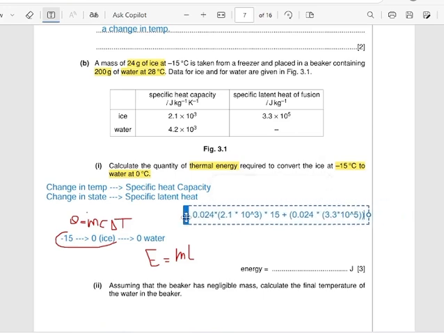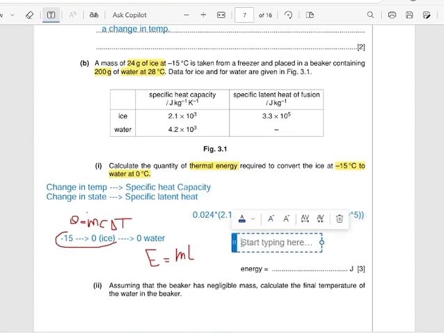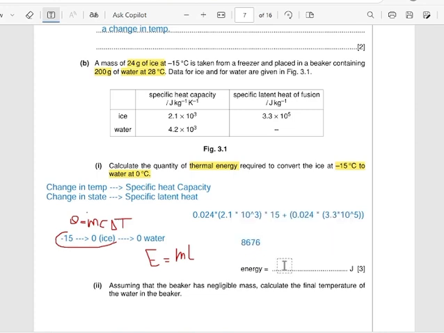Having written that, we plug this into the calculator: 0.024 into 2.1 into 10 raised to the power 3, and so on. And you get 8,676, which you can write as 8,700 joules. And this is it for the first part.